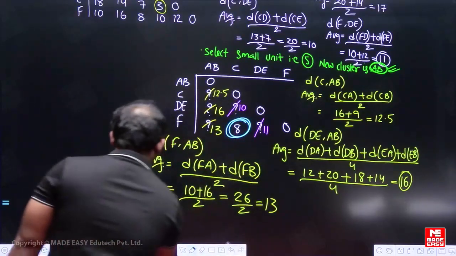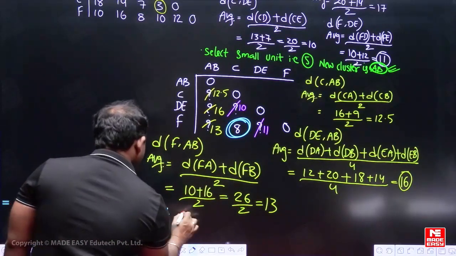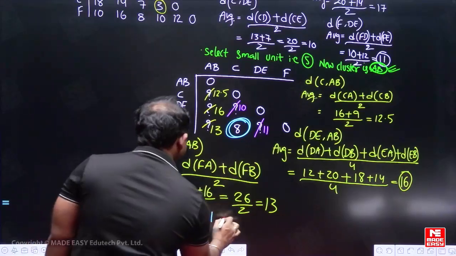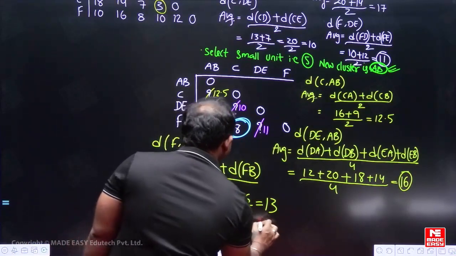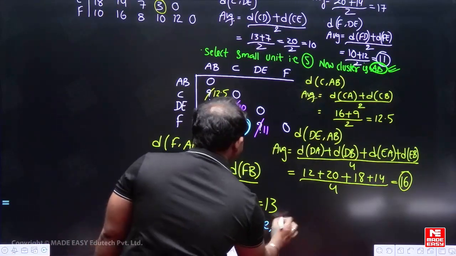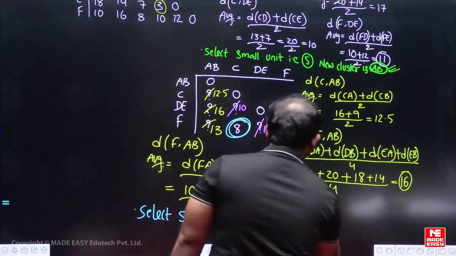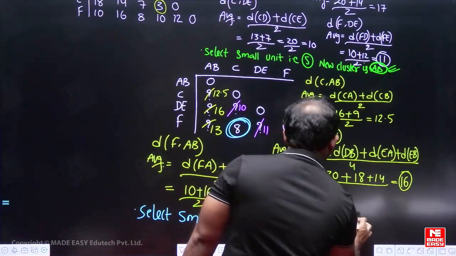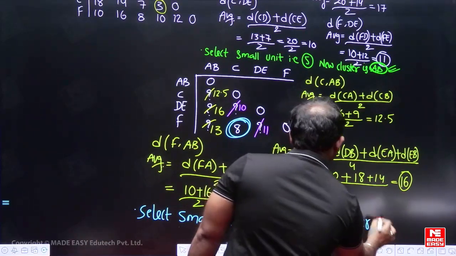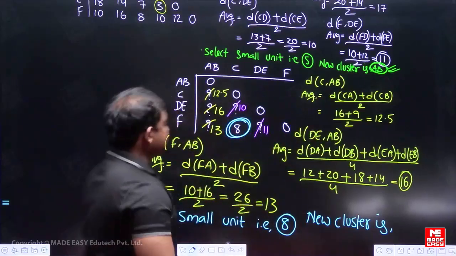Correct? Okay. Now select the smallest unit, that is 8. What is the new cluster? Tell me.